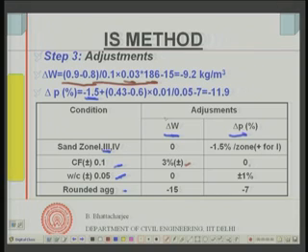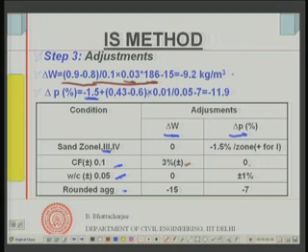Then correction due to water cement ratio. There is no correction in this, only correction here, and how much is the correction? 1% plus or minus for each change of 0.05 of water cement ratio. So, my water cement ratio is 0.43. So, 0.43 minus 0.6, where 0.6 corresponds to the basic table.